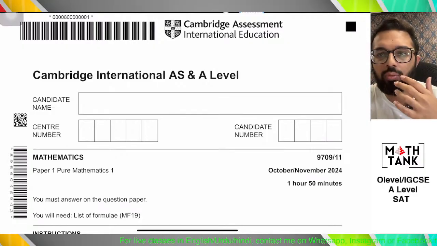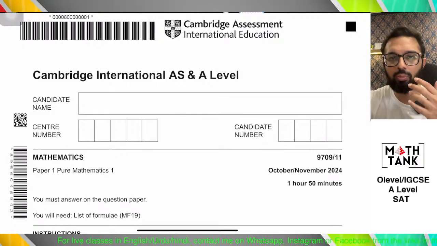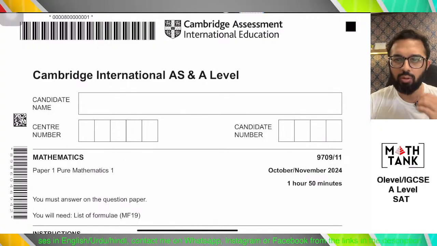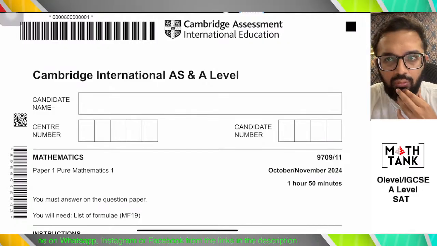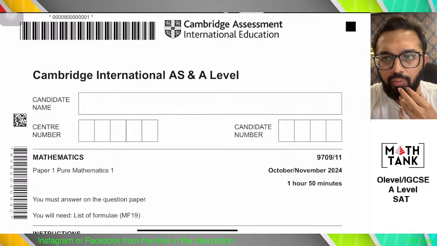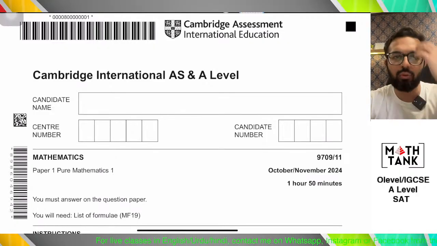Today's paper is October, November 2024, paper 1, variant 1 1. Sorry, at first I said May, June, but it's October, November. There's a typo in the title.